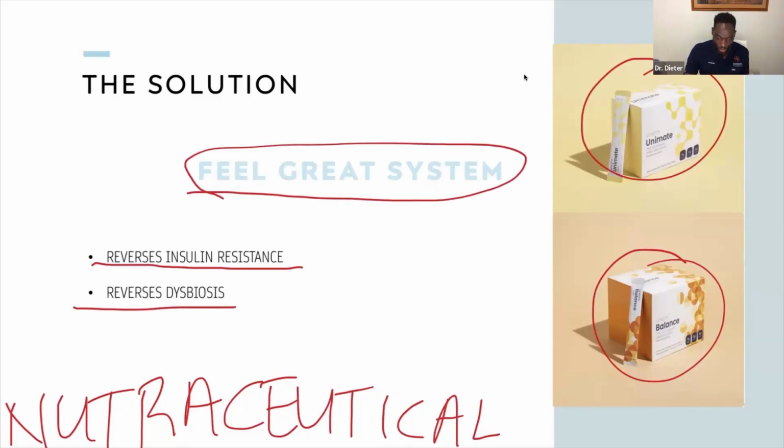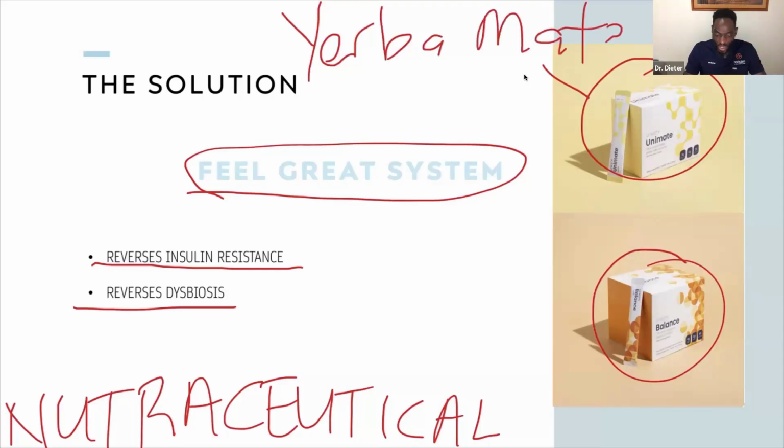Let's start with the Unamate. The Unamate is made from a plant that is native to South America, Brazil, Colombia, Argentina, called the yerba mate plant. And one thing about the yerba mate plant is that it is very rich in a special phytonutrient, the polyphenol chlorogenic acid.